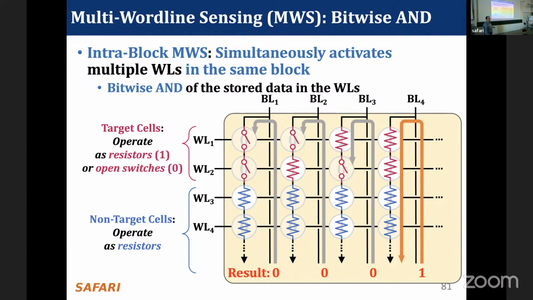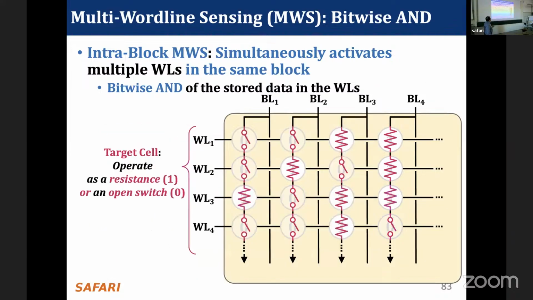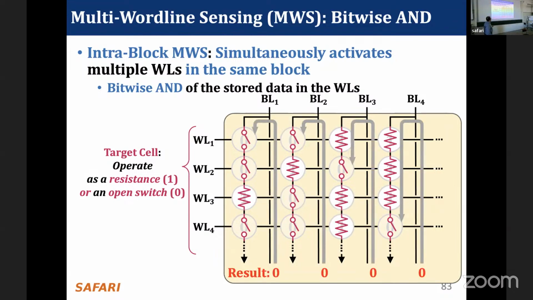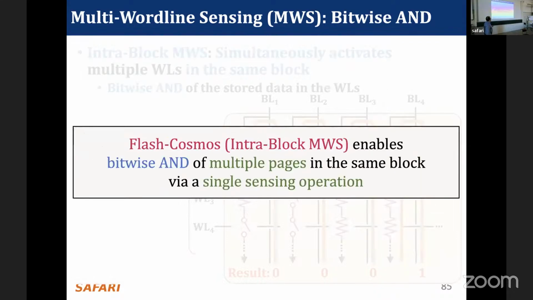And that's exactly the definition of the AND operation. So you can use this idea and do it for, let's say, 4 operands. So here you can easily do AND operations for 4 operands. And that's the way we implement bitwise AND of multiple pages in the same block via a single sensing operation. So it's really simple.